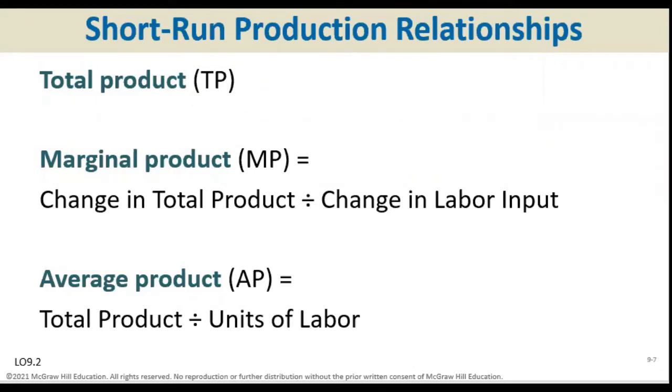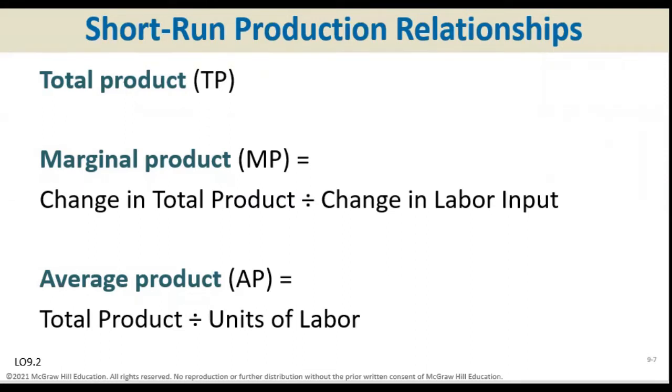So if you change the input resource by 1 unit, what is the impact of that change on the total product? We define the marginal as extra. So that reflects the change in the output when 1 more unit of labor is added.